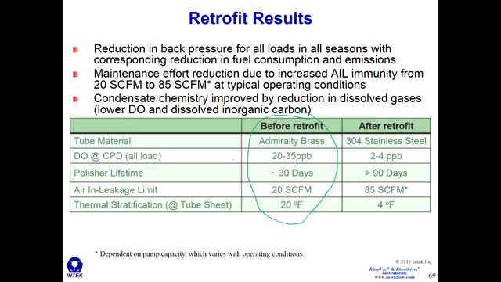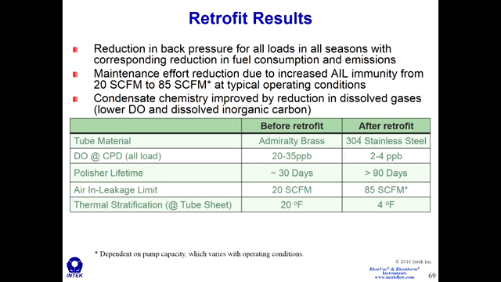They had Admiralty tubes. The dissolved oxygen was consistently 20 to 35 ppb. They had deep bed full flow polishers. They were pre-coating every 30 days. And they had an air in-leakage limit when back pressure started to rise of 20 SCFM. After the retrofit, they were using stainless steel tubes.